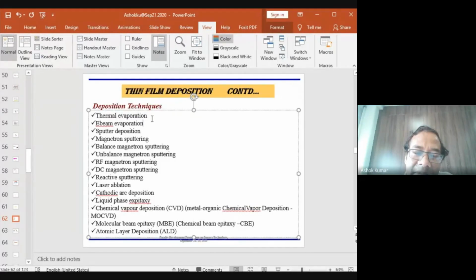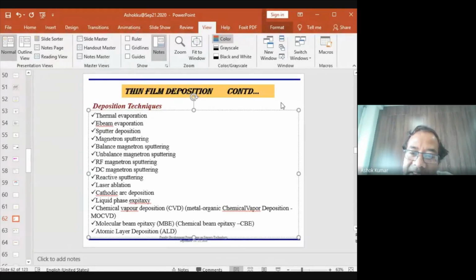If we talk about oxides or ceramics like zinc oxide and magnesium oxide, they require very high energy because their evaporation point is very, very high. In general, all oxide materials have evaporation points as high as 3000 Kelvin.